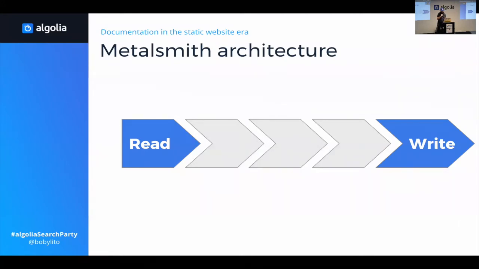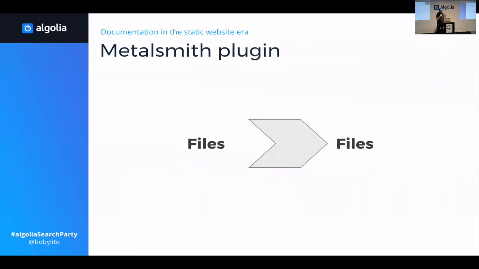What are plugins in Metalsmith? Basically, you can think of them as simple functions. On the input, they take files, for example Markdown, and they output a file. In the case of a plugin that generates HTML from Markdown, it would take the Markdown file, transform it, and return an HTML file.